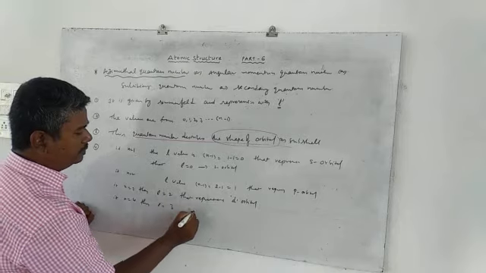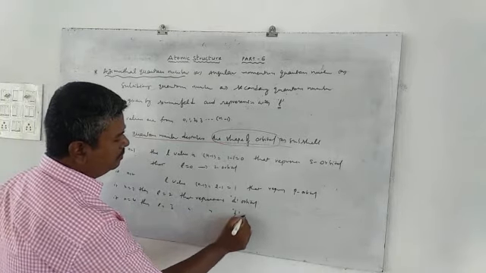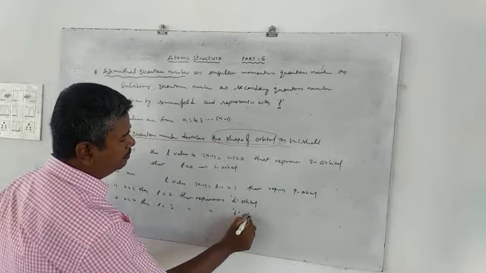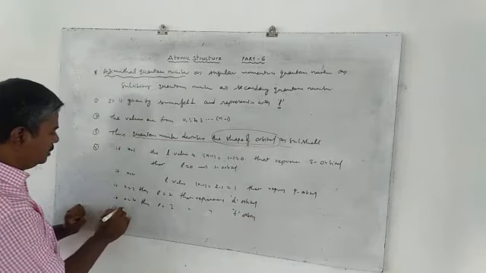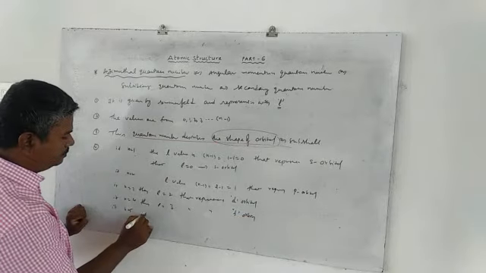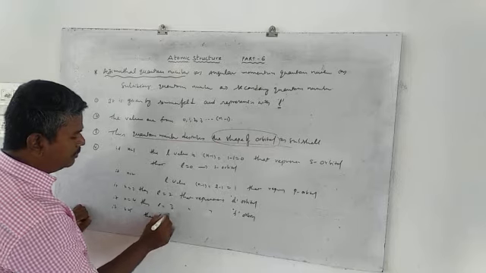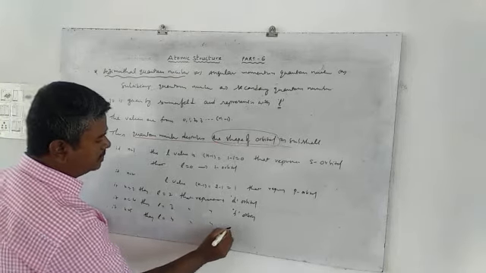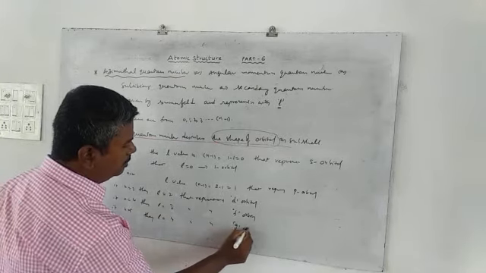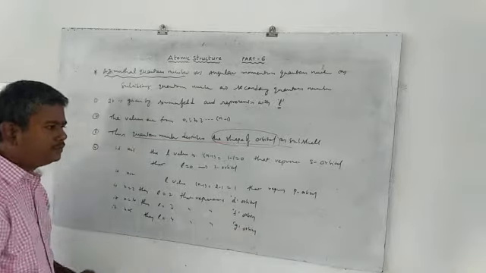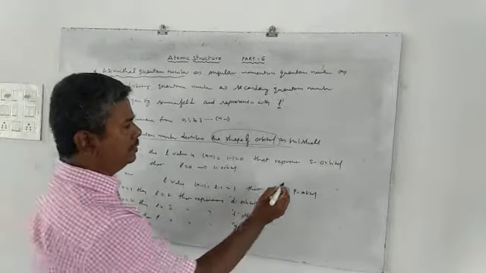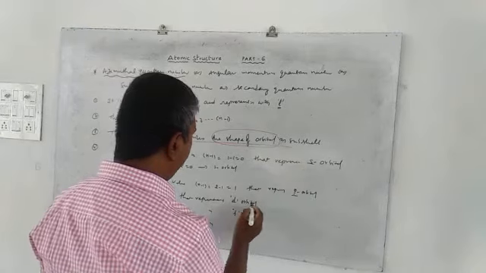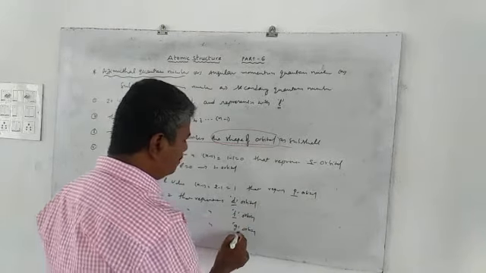Then that represents F orbital. As well as if n equal to 5, then L equal to 4, that represents G orbital. So once observe here, S, P, D, F, G.